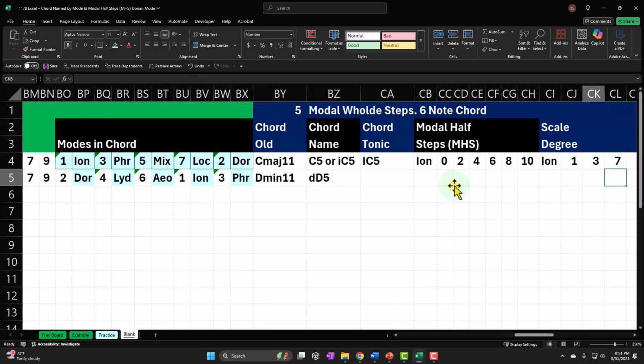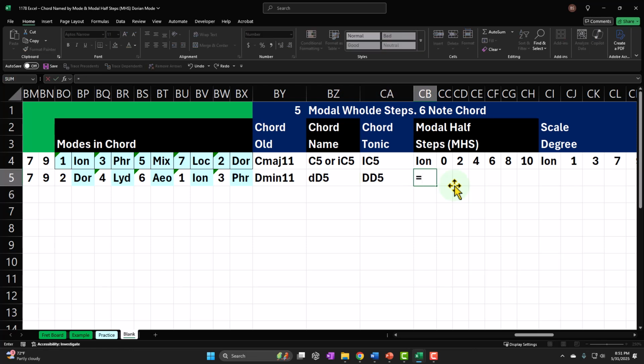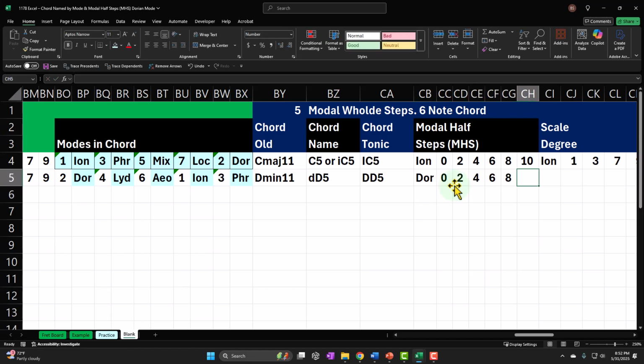If it was the tonic, we could make it a capital DD5, and then the modal half steps for the Dorian would be 0, 2, 4, 6, 8, and then 10. From a scale degree standpoint, we would be on the Dorian, and this would be equal to the 1.